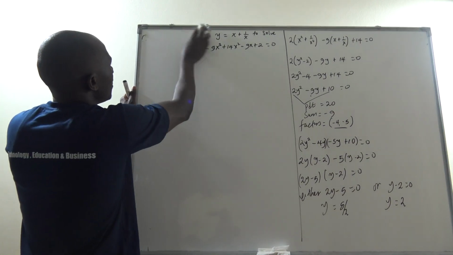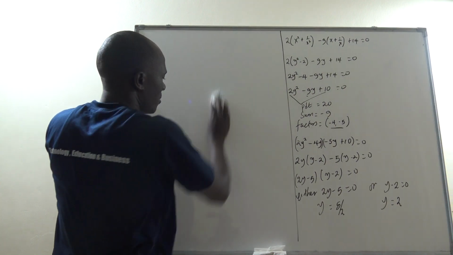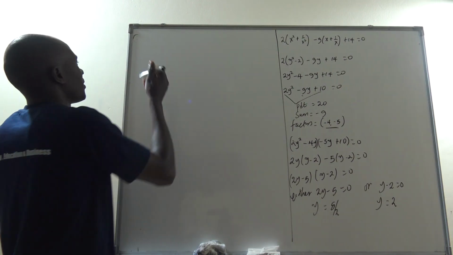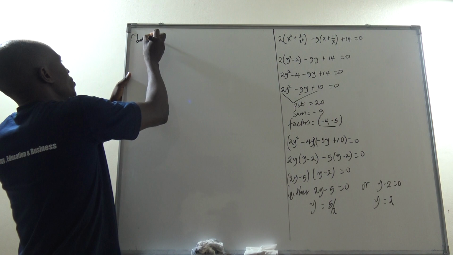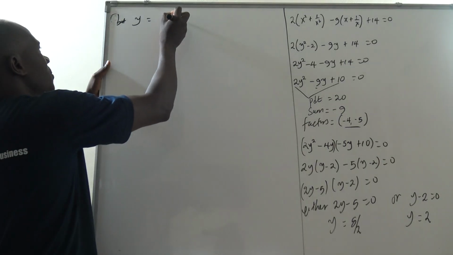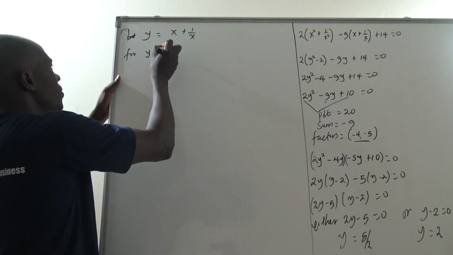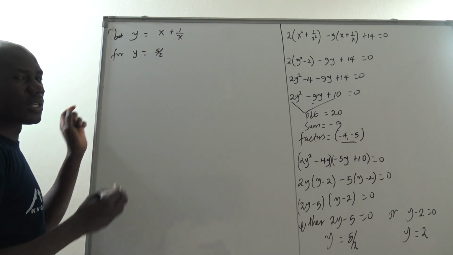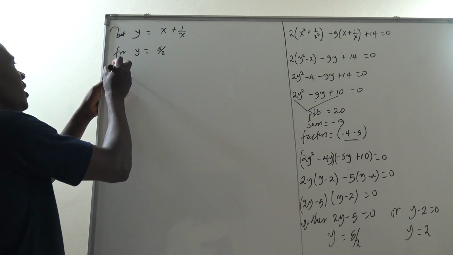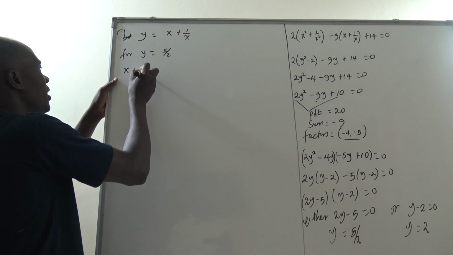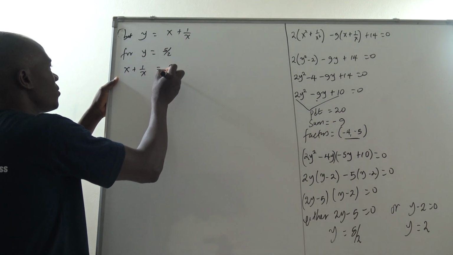So you can say, but y equals x plus 1 over x. We start with y equals 5 over 2. We substitute in: we have x plus 1 over x equals 5 over 2.